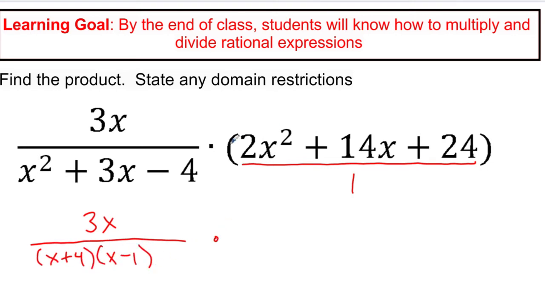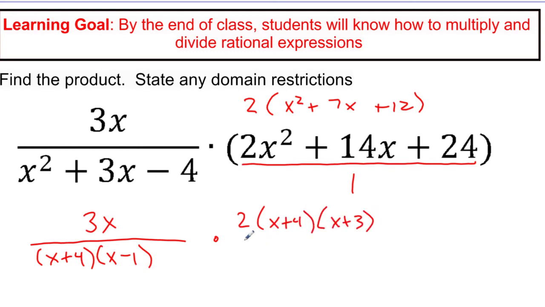And again, this is one of those expressions that factors twice. We're going to first pull out a 2, x squared plus 7x plus 12. And then this factors into x plus 4 and x plus 3. So this is 2 times x plus 4 and x plus 3, and it's over 1.